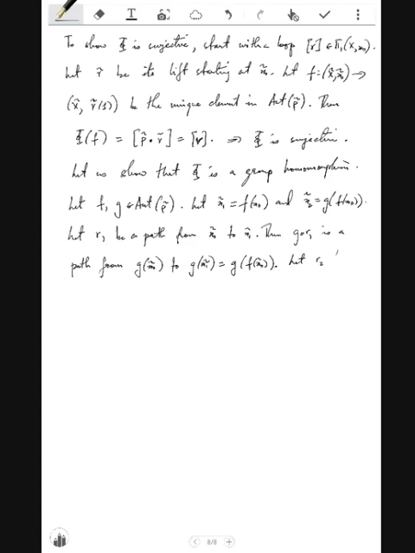And let gamma 2 be a path from x naught tilde to g of x naught tilde. Then gamma 2 star g composed with gamma 1 is a path from x naught tilde to g of f of x naught tilde.